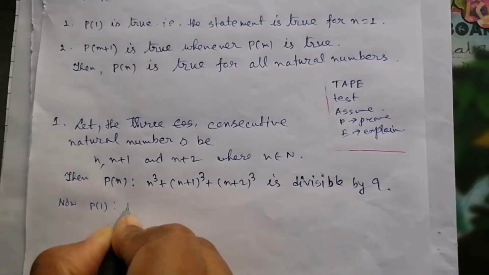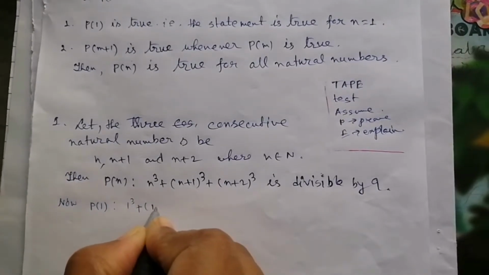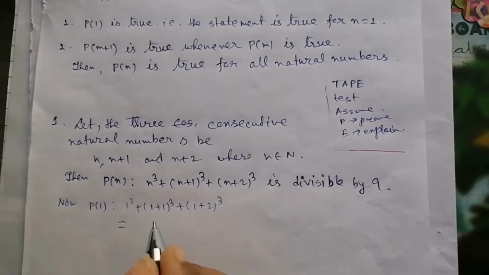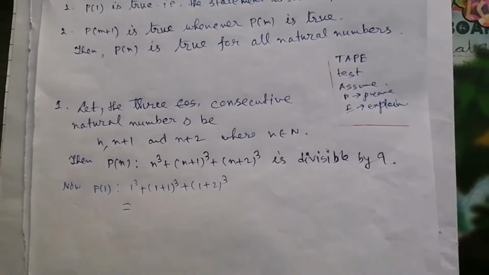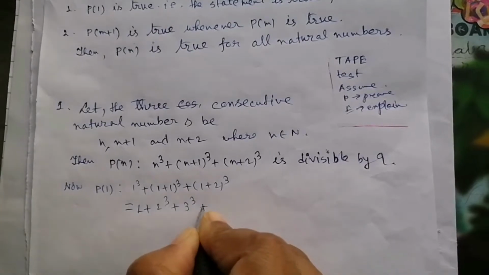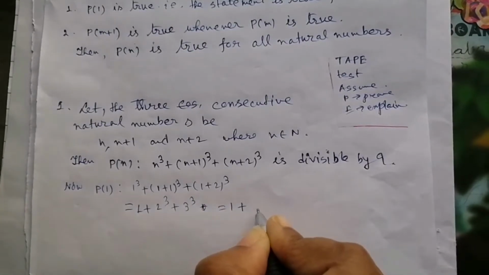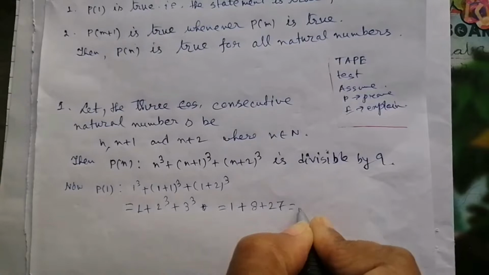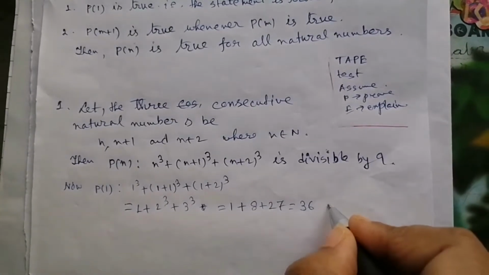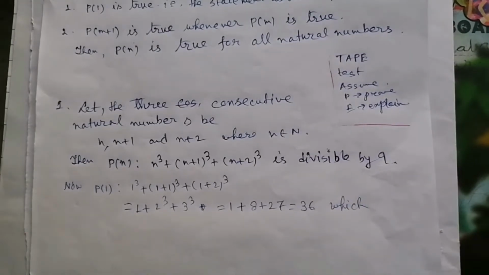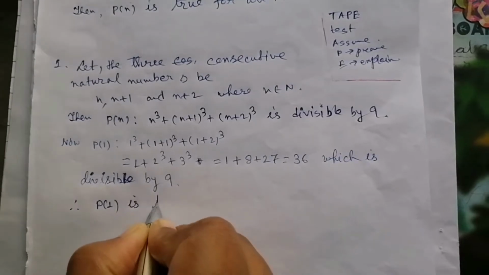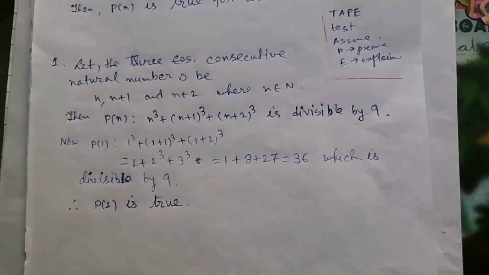Now P(1), that is 1 cube plus (1 plus 1) cube plus (1 plus 2) cube equal to 1 plus 2 cube plus 3 cube equal to 1 plus 8 plus 27 equal to 36, which is divisible by 9. Therefore, P(1) is true.